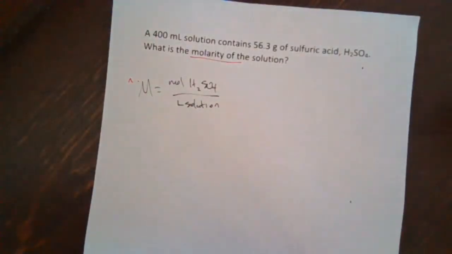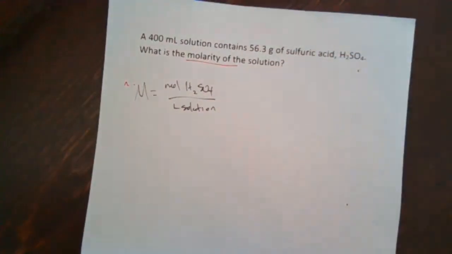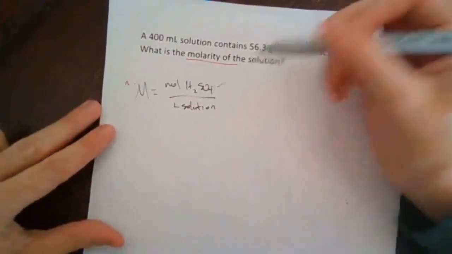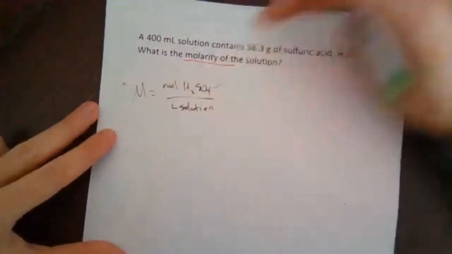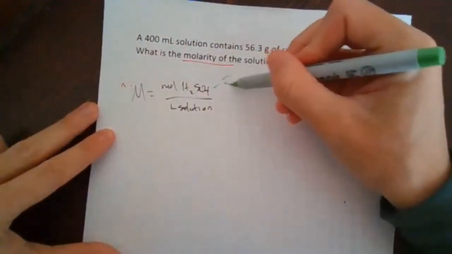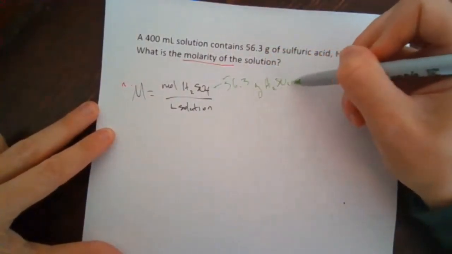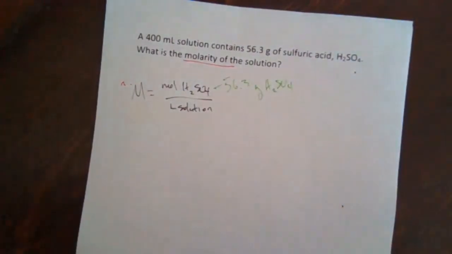So the question is, do I just have the moles of H2SO4 and the liters of solution? The short answer is no, but I'm close. In order to get this moles of H2SO4, that's an amount, I have a mass description. So I have 56.3 grams of H2SO4, which I can convert.